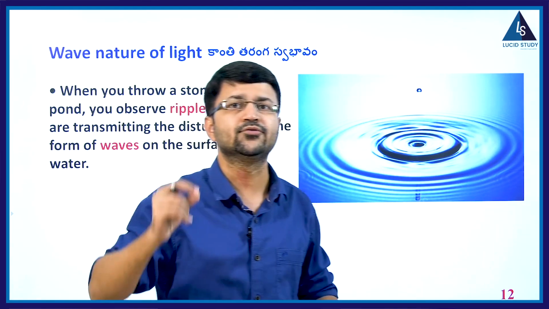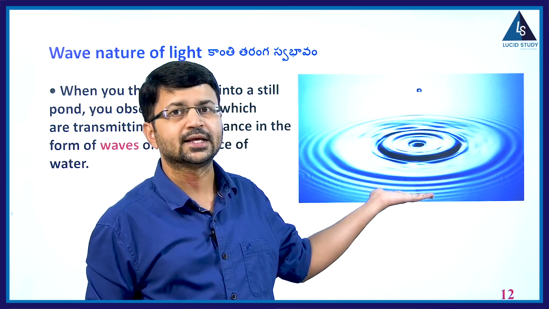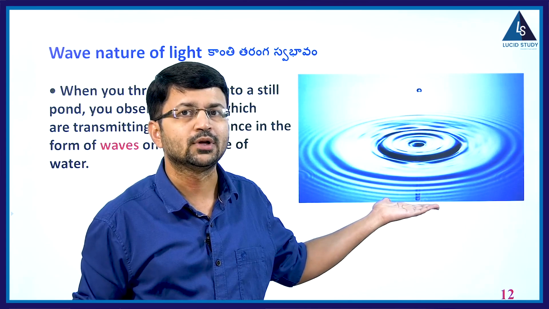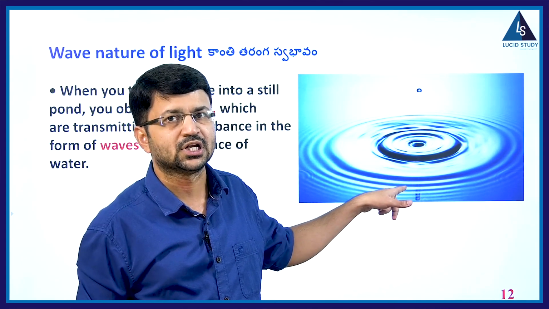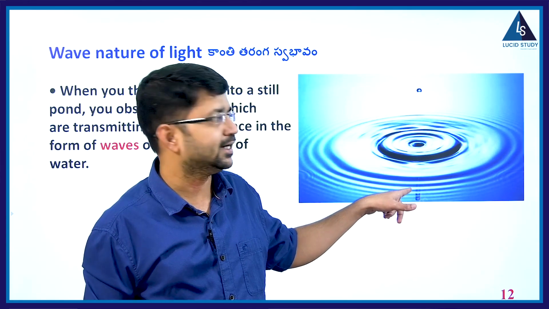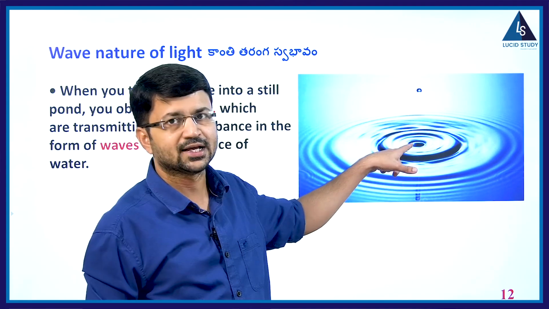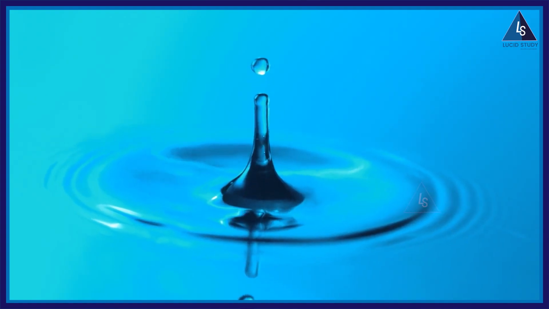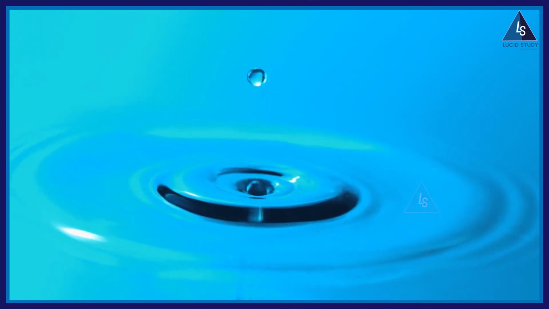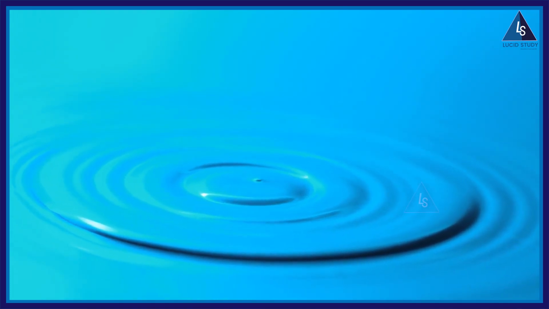If we throw a stone into the stagnant pond, then what will happen? We can clearly observe the formation of ripples, and see how these ripples travel. A stone falls here, and from this place, from the center to the periphery, the waves travel in the same manner.